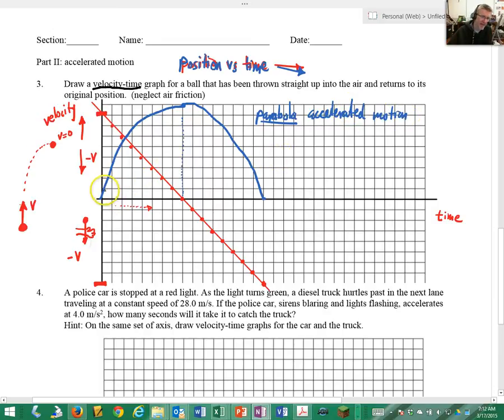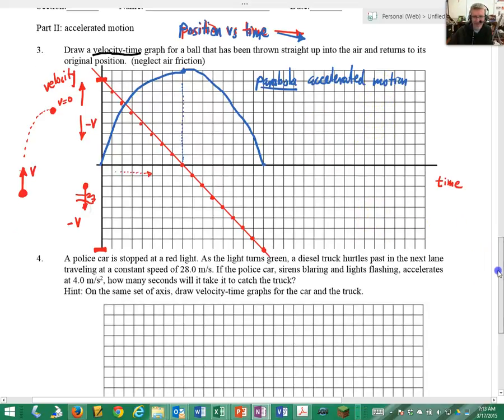That means it initially starts off going faster here, and then as it gets slower, it doesn't get slower very quickly. It gets slower relatively slowly. Okay, so that was number 3.